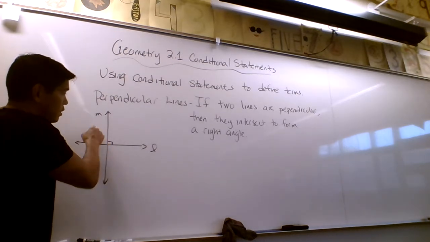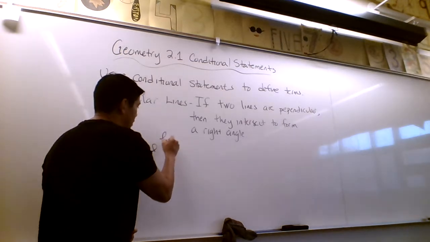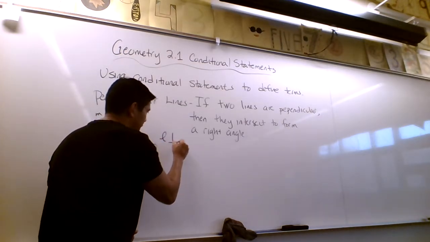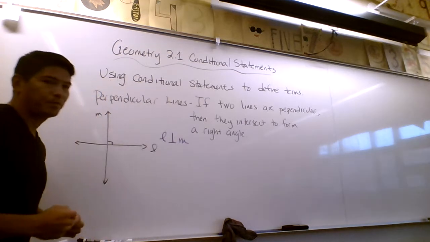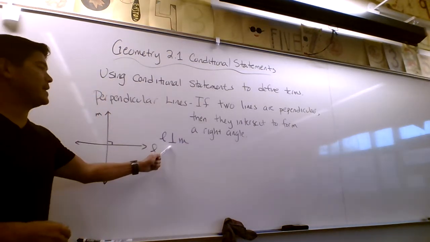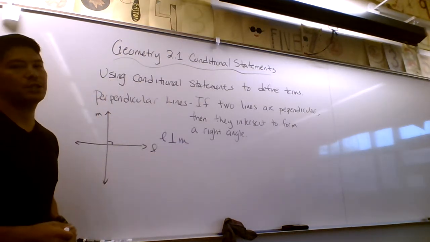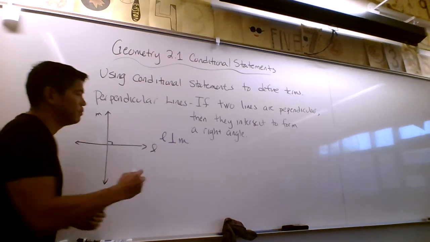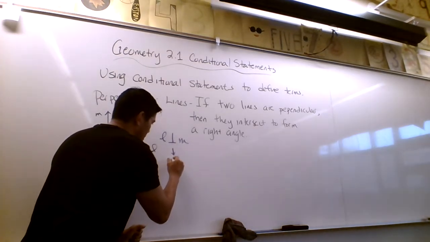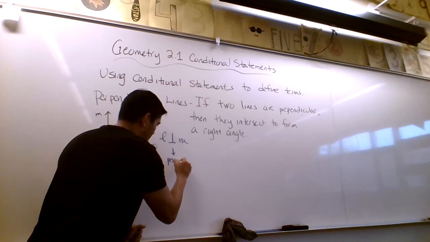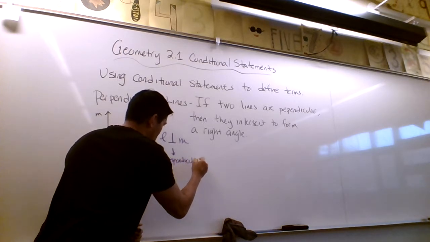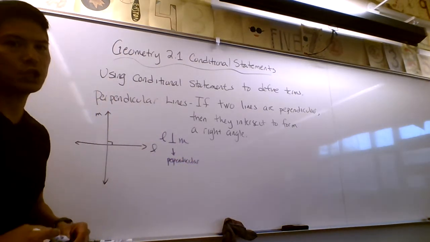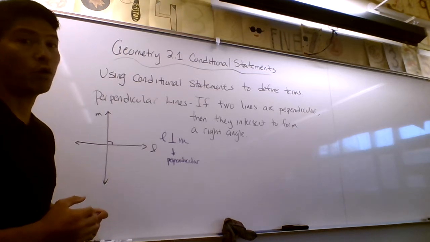Besides making a little square in the corner like this, I could say L, that's line L, is perpendicular to line M. So the upside down T means that the two lines are perpendicular. That's the symbol for perpendicular. Just like last year in algebra, maybe you went over the symbol for parallel.